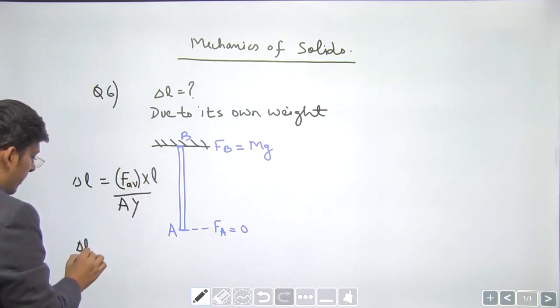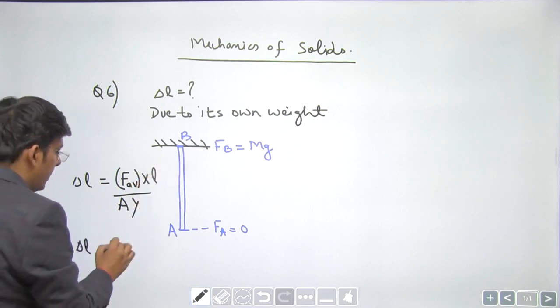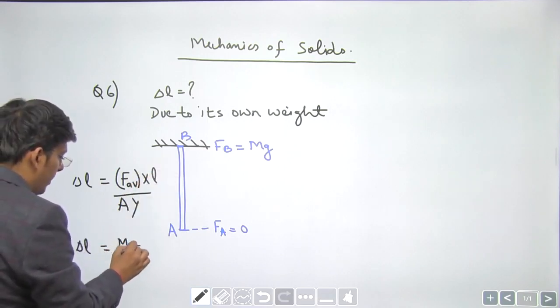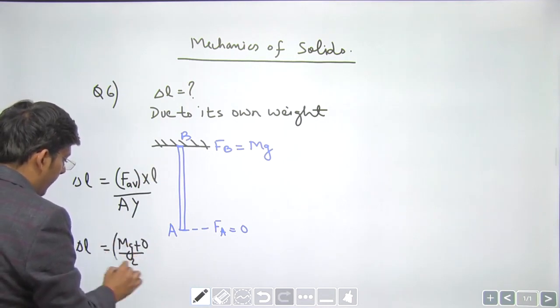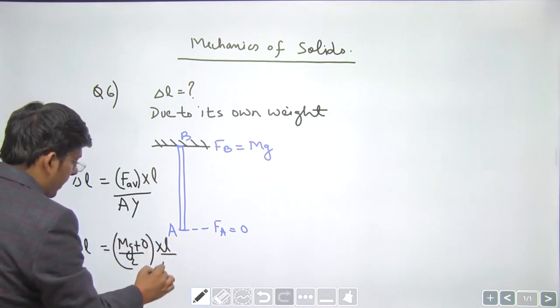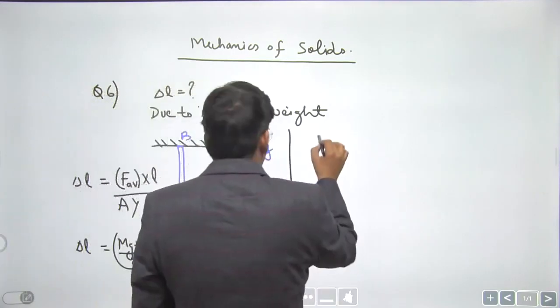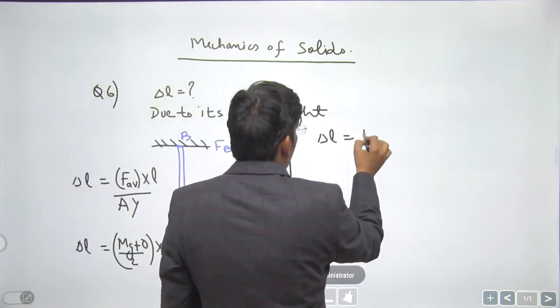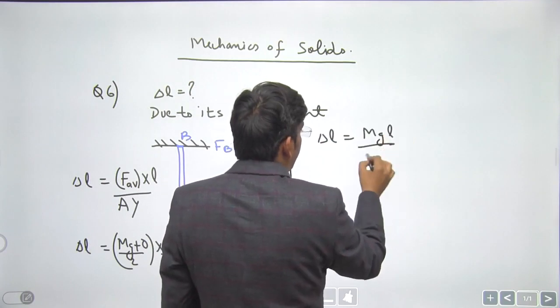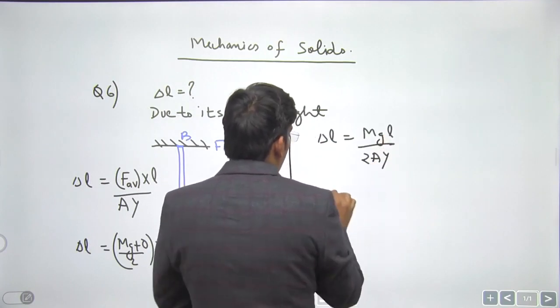So this is delta L, right? Average force is mg plus 0 by 2, into length upon area into Young's modulus. So we got the answer: extension in the wire due to its own weight is going to be mgL divided by 2AY, right?